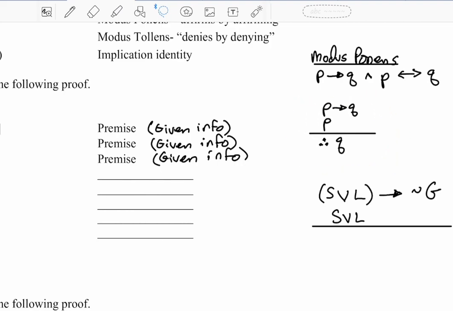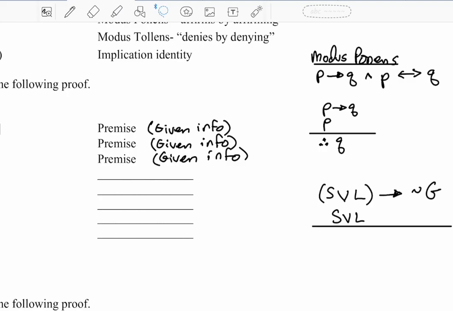I look at it like everyday language. If I'm wearing shoes, then I'm wearing socks. And then I follow that up with, I am wearing shoes. What would you say? I'm wearing socks, because it's confirming the premise.